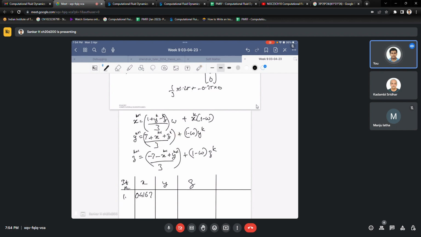I forgot to write the omega over here, times 1.25 minus 0.25 times 0. So I'll get that to be approximately 2.743, and similarly I'll get the z to be around minus 1.6.